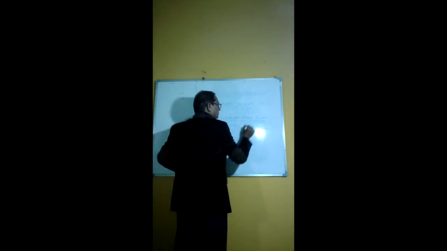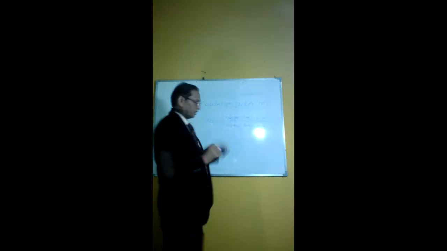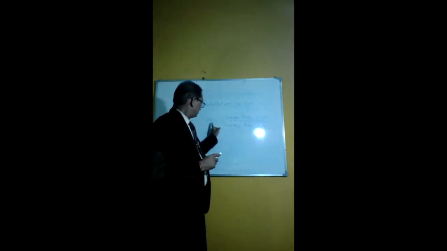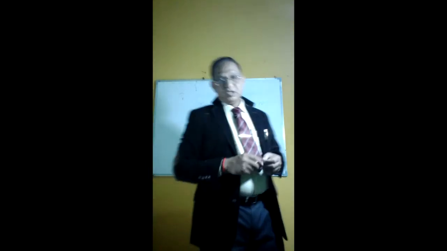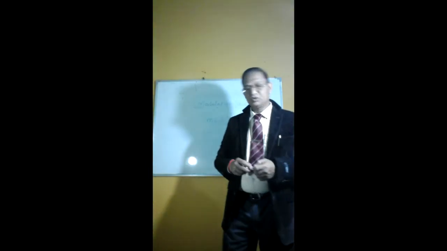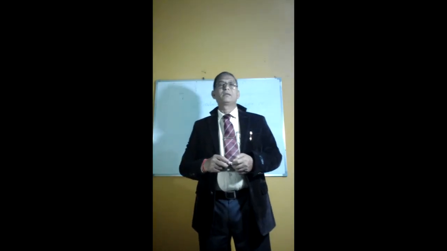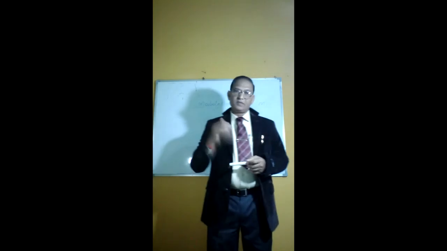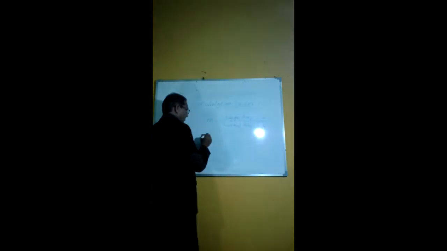Okay, the modulation factor m is defined as the ratio of the change in the amplitude of the carrier wave to the normal amplitude of the carrier wave. Now we shall see by some examples how the modulation factor affects the modulation. First of all, this is the amplitude of the carrier wave.